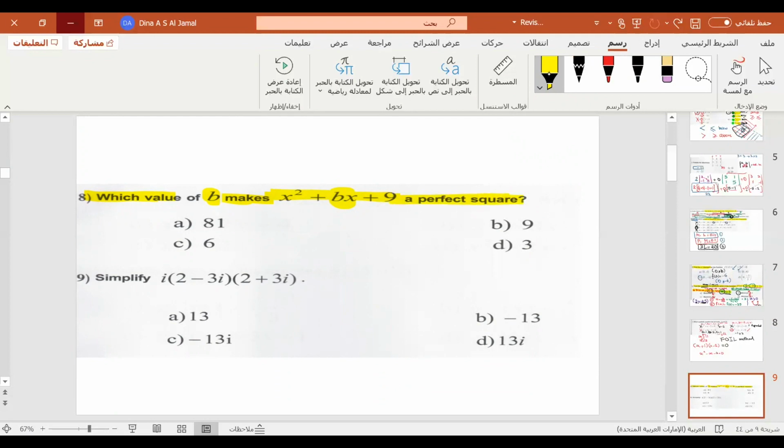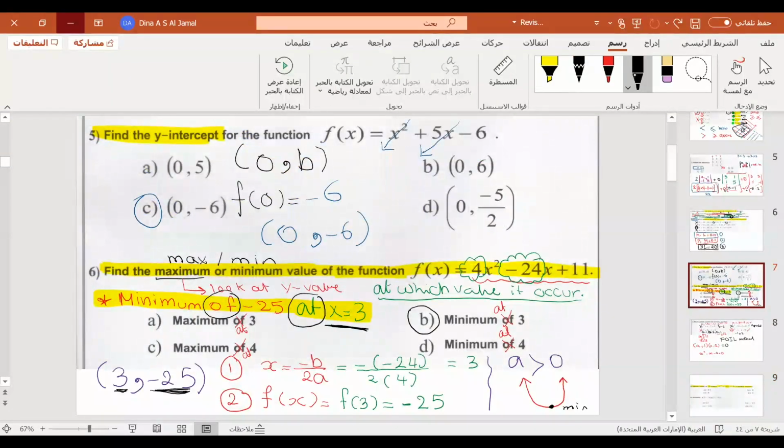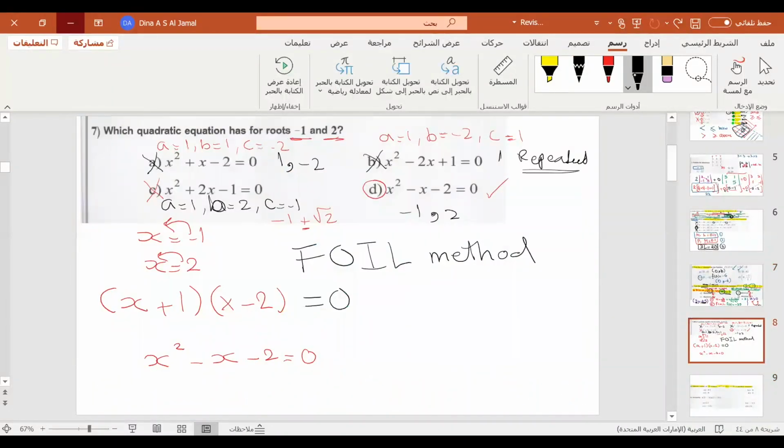So in general, what do I mean by the word perfect square? In the previous question, I was just telling you that here you are having a repeated root of X is equal to 1. That means if I would like to write this, it will be X minus 1 all squared, and it will be a perfect square.